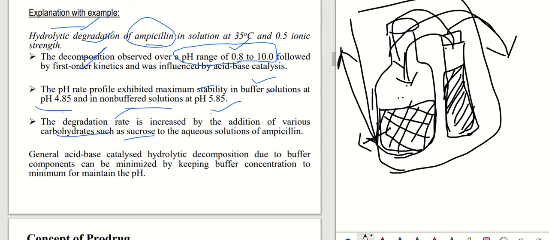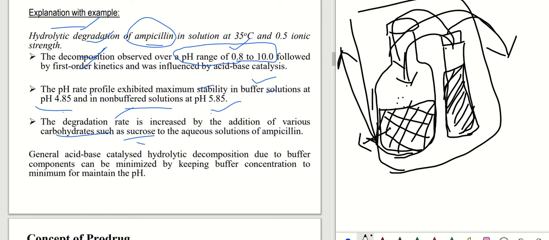This is how, being a pharmacist, we need to understand the degradative mechanism, and that is how we need to modify the formulation or modify the packaging conditions. And that is why we are speaking about sucrose, because sucrose, as it is in the dried form, will not affect the degradation rate or the reaction.